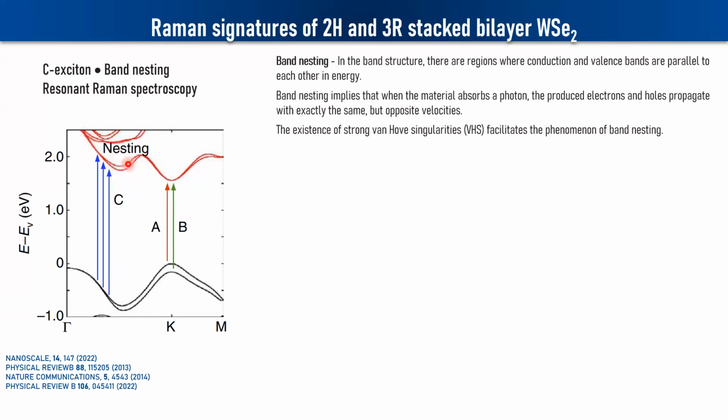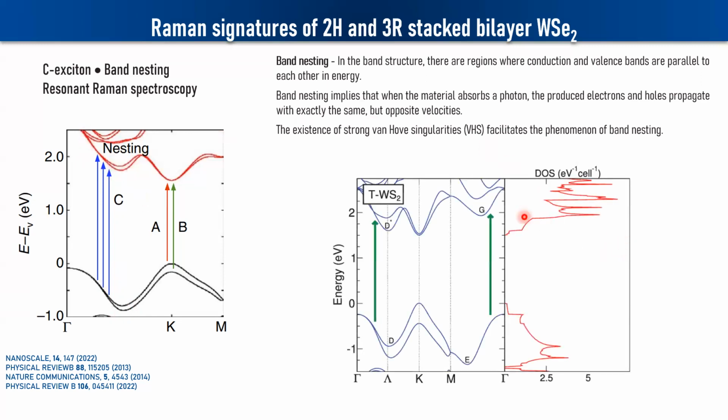This also gives rise to strong van Hove singularities in the density of states. So if the C exciton features are matched in your Resonant-Raman spectroscopy, then because of this huge density of states, there are a large number of unoccupied states to which you can excite the electrons, and that can give rise to strong features in your Raman.